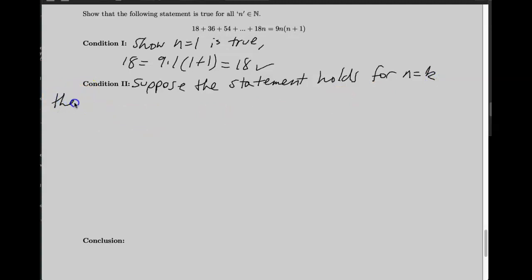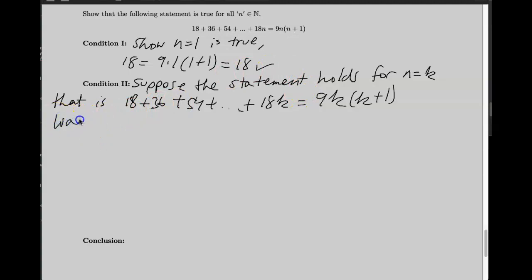That is, we have 18 plus 36 plus 54 plus ... plus 18k is equal to 9k times k plus 1. And we want to show the k plus 1th term is true. We want to show that the statement holds for n equals k plus 1.